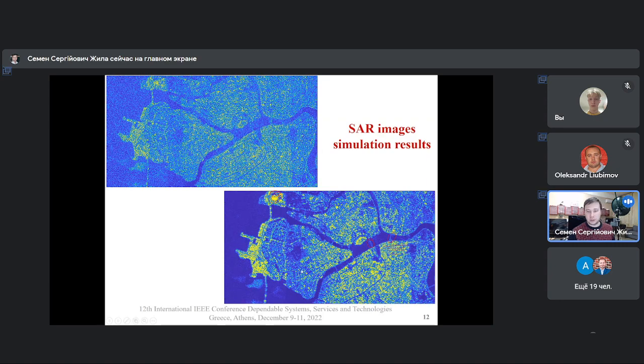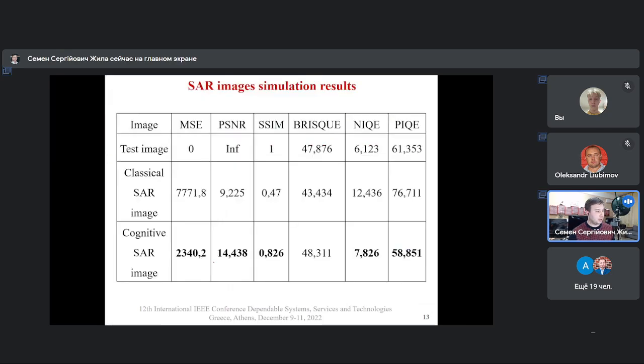So in this image we got a much better result from the cognitive radar application, and all the metrics gave good results besides just this one.